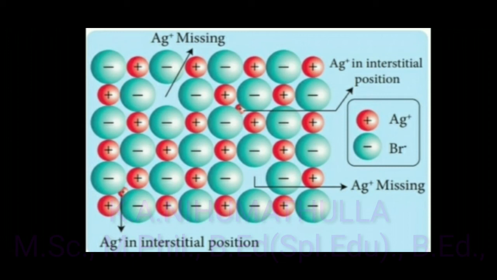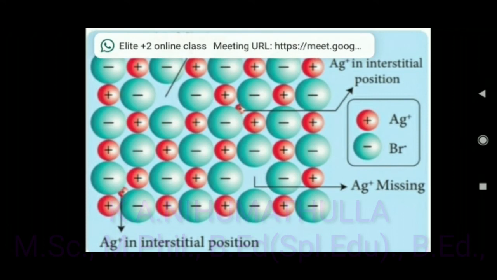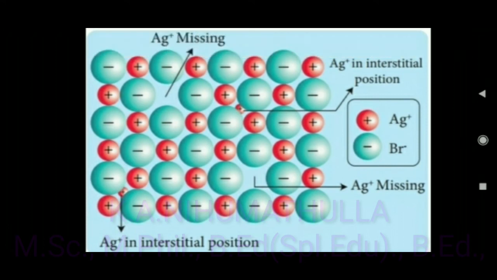Among the two ions, the ion which is missing from the lattice point occupies an interstitial position. The interstitial position is the position of the holes or voids between the negative ions.